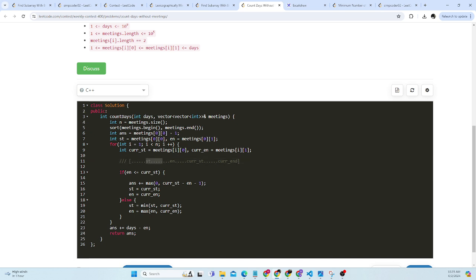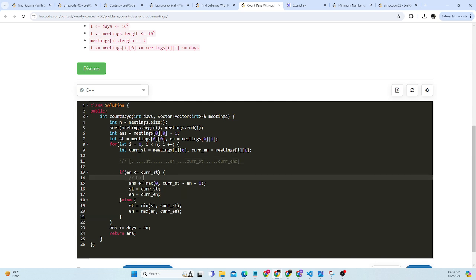So this was our global start and global end, and we are at this particular interval. If our current start is greater than or equal to the global end time, both these don't overlap. So this gap needs to be added to our answer. So we just added this gap to our answer, and we updated our global start and global end to this particular current start and current end.